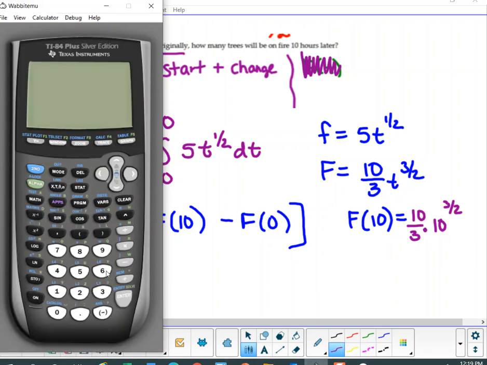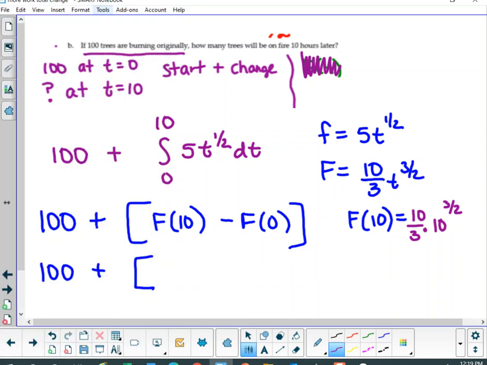That's a calculator question. 10/3 times 10 to the 3/2 is like another 105.4-ish.